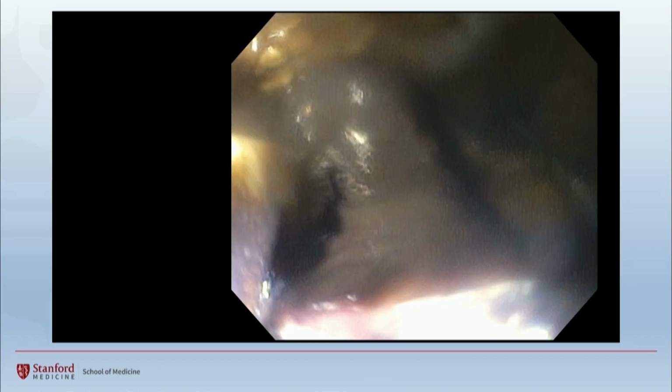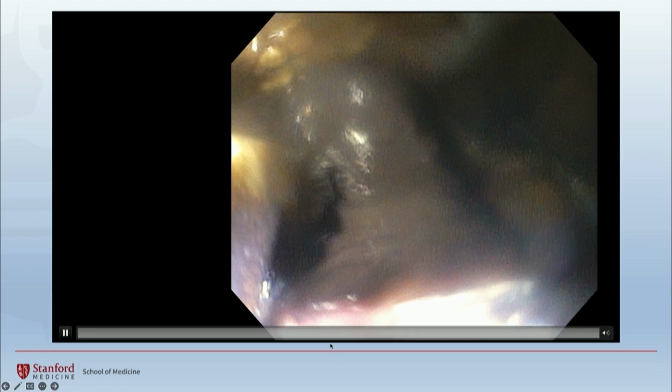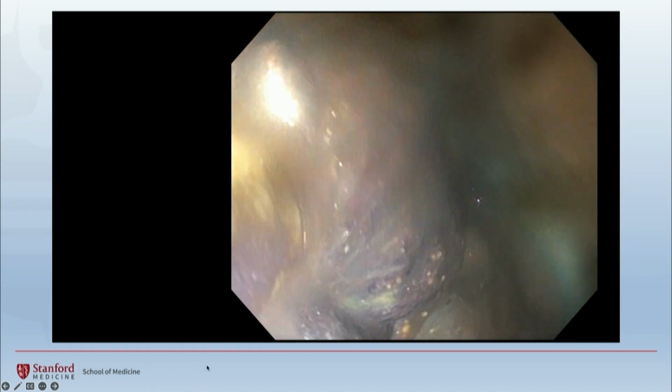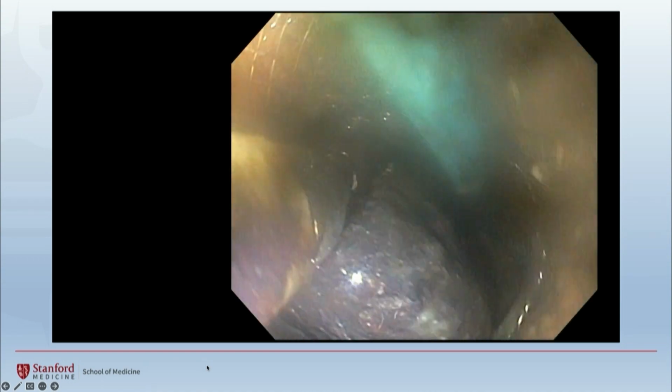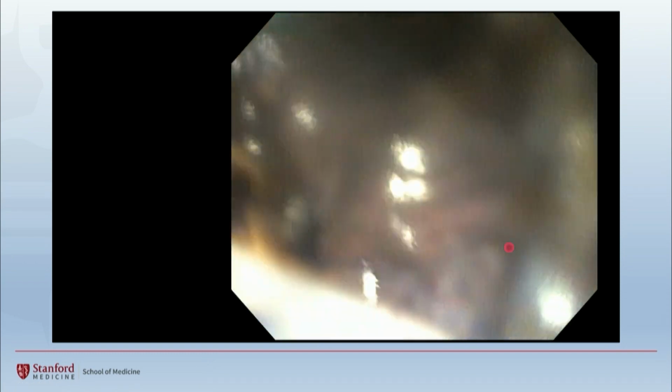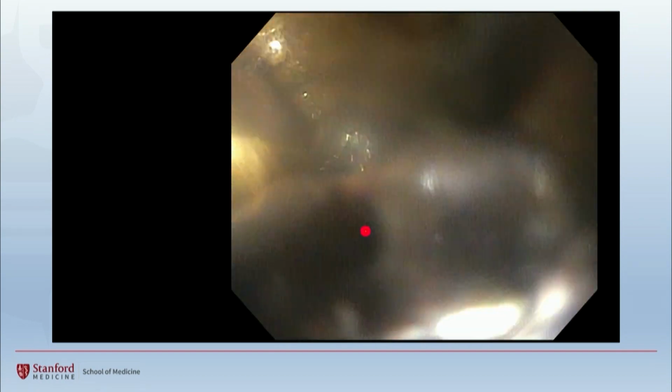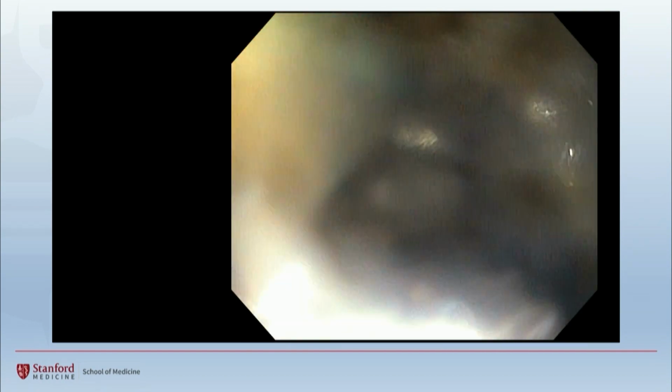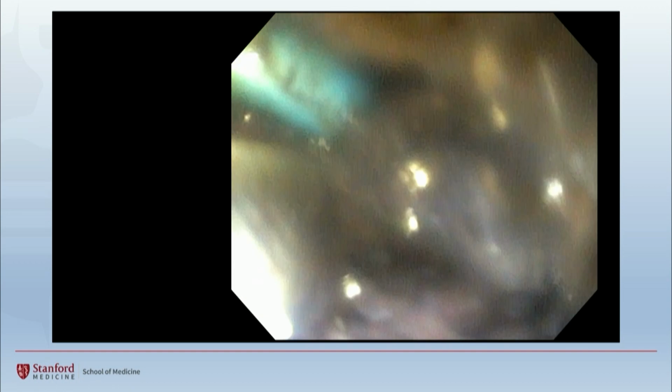So this is a video showing the use of the 5.1 millimeter catheter. The catheter is spinning and suctioning the necrotic material, as you can see here. It is very effective in clearing and suctioning instead of using the snare.